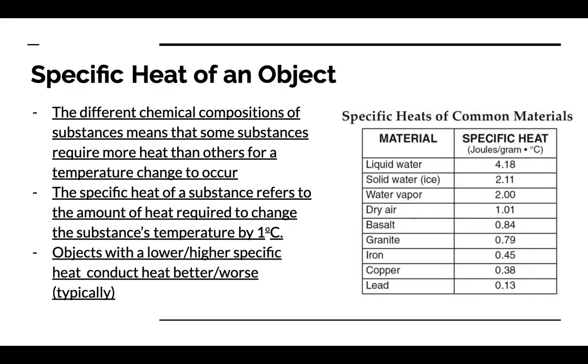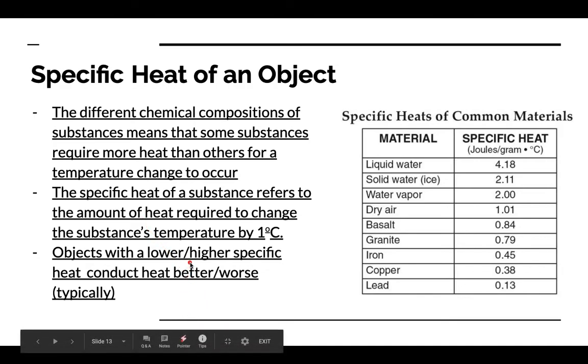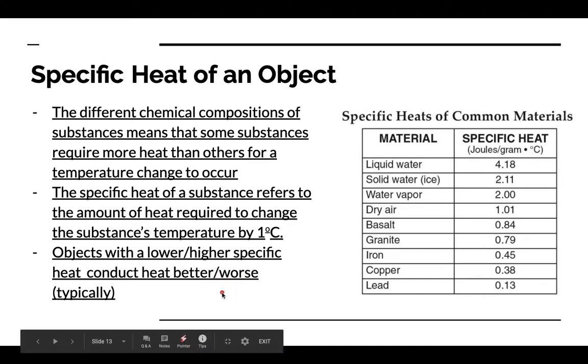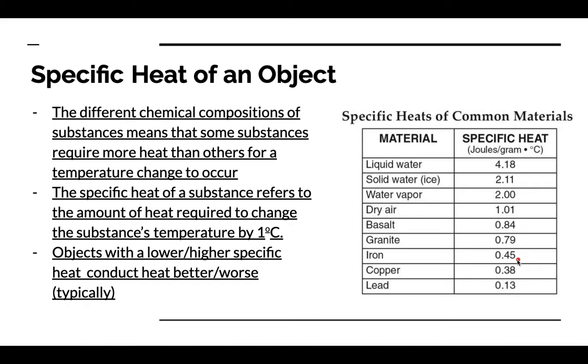All right, so objects with lower or higher specific heat can tend to conduct heat better or worse, typically speaking, okay? So for example, something like iron, which we would expect to conduct heat well, has a lower specific heat, meaning that it takes less heat to raise the temperature of iron by 1 degree Celsius.